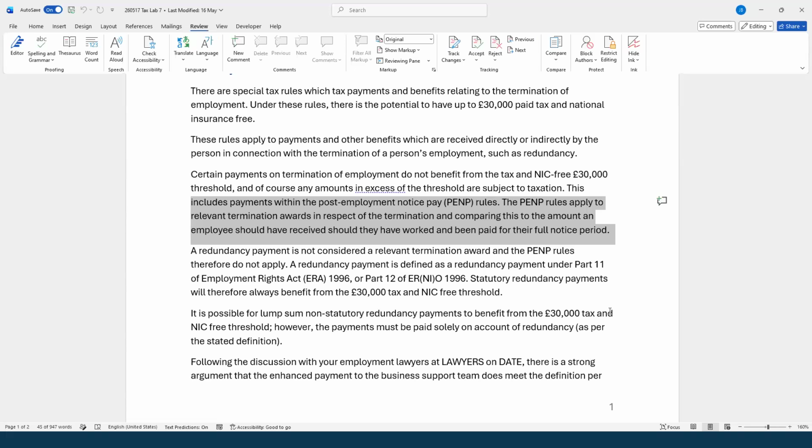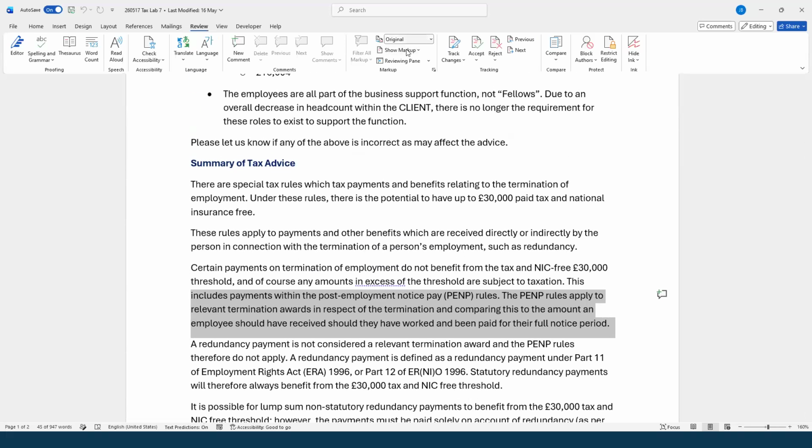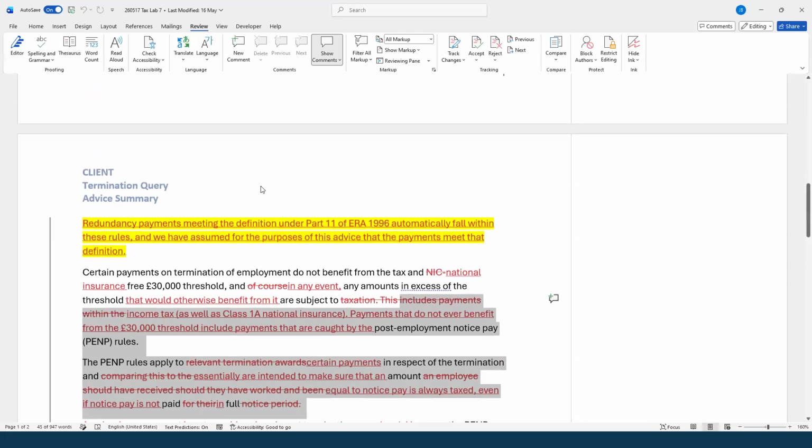You're telling them why it's subjective, and what you believe the answer is and why, so then they can come to their decision on whether they agree or not and take the action that you recommend or not. So let's see what changes have been made then to this bit.